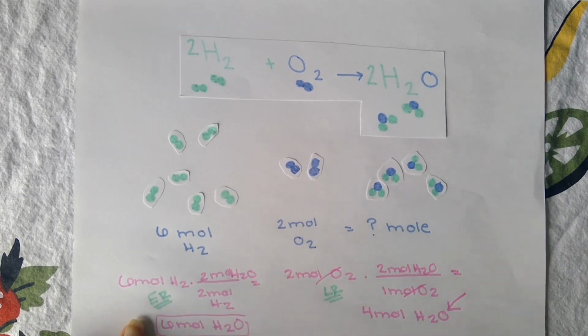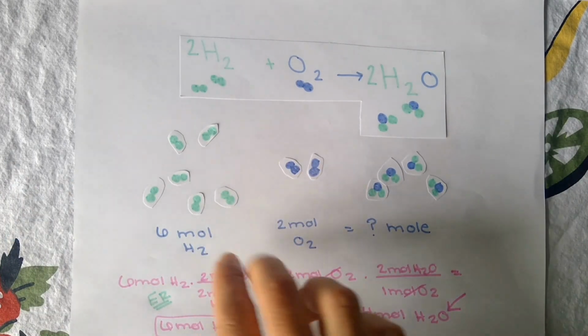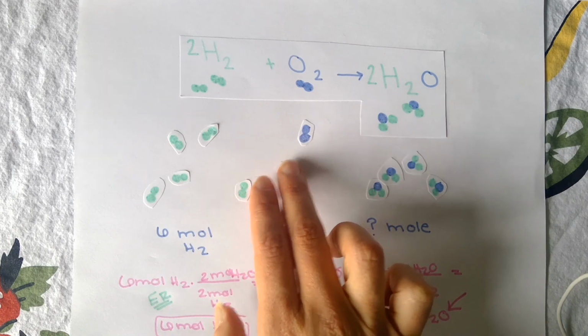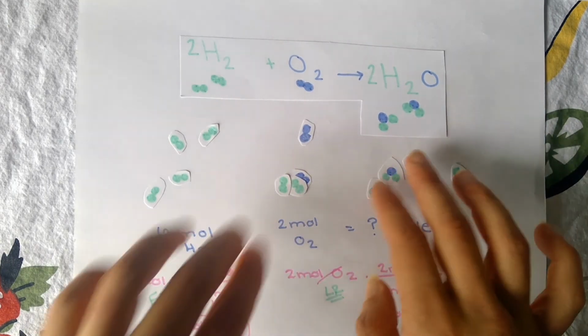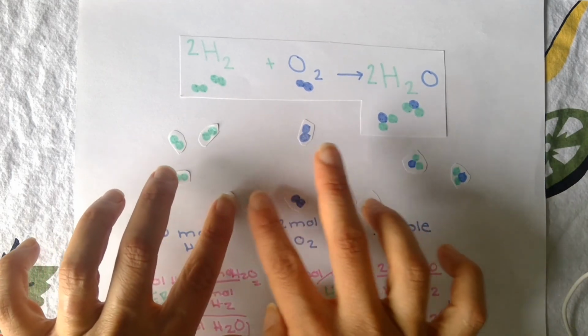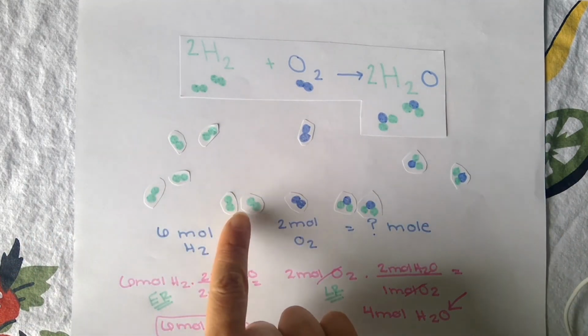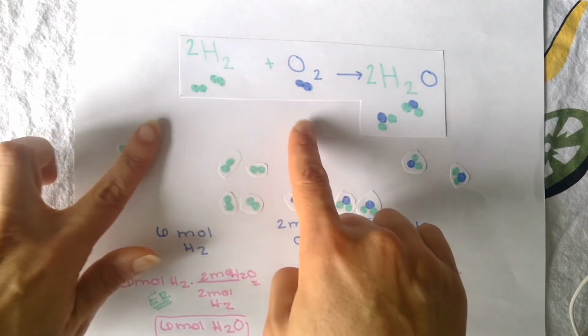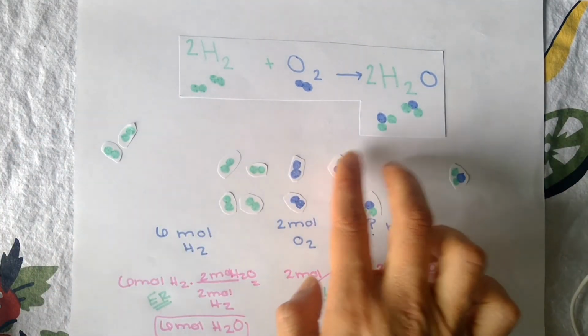Now let's think about this last idea. How much of my excess reactant is going to be left over when I'm done? So let's play around with these really fast. For every 2 moles of hydrogen, it's going to react with 1 mole of oxygen, and it's going to be able to produce 2 moles of water. For every 2 moles, 1 mole, 2 moles.